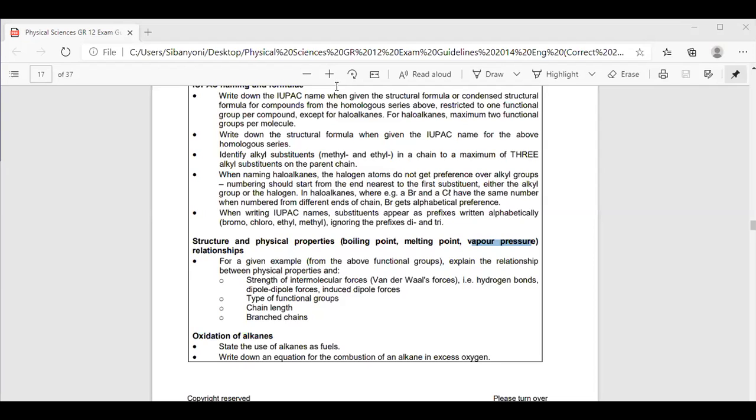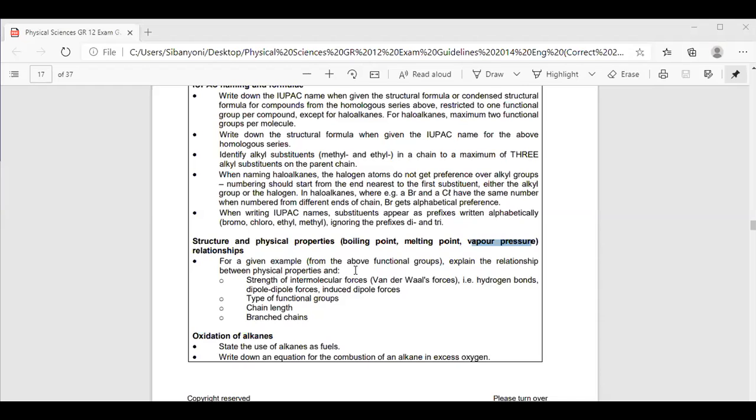We must be able to give a relationship, basically to explain how the strength of intermolecular forces affects the boiling point, the melting point, and the vapor pressure, or how the length of the carbon chain affects the boiling point, the melting point, or the vapor pressure. We must be able to talk about that.